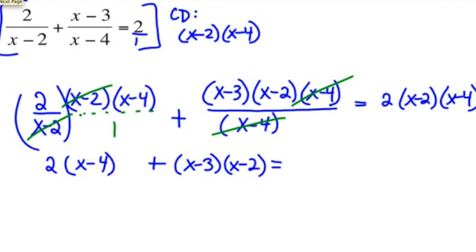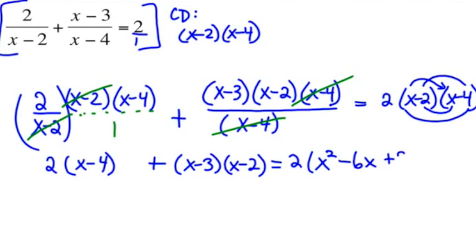on the right hand side, so that's going to be 2 times, why don't we go ahead and expand that, x squared minus 4x minus 2x, which is minus 6x, plus 8.